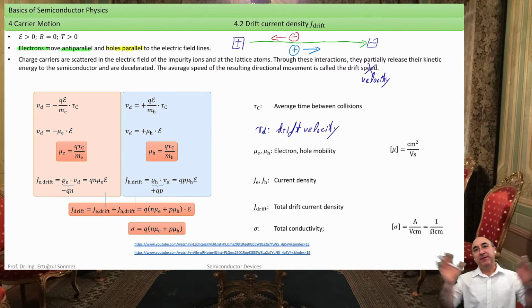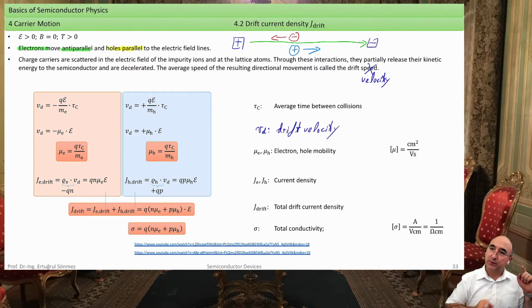If I have an infinite distance, any electric field and no collision, again, infinite distance, a certain electric field, no collision, the speed goes up into infinity because for each distance you gain energy.